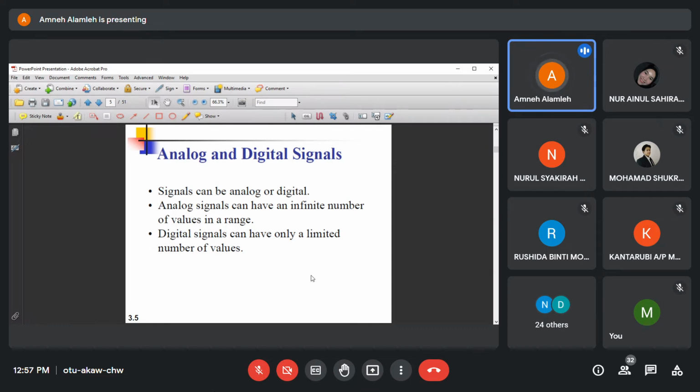But the digital signals can have only a limited number of values because it is discrete.